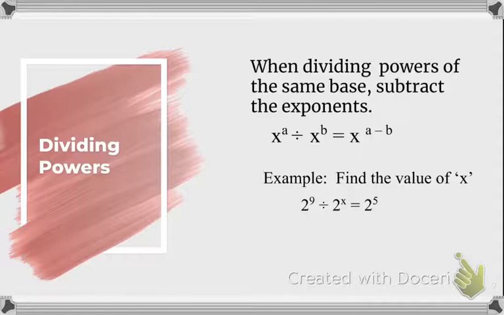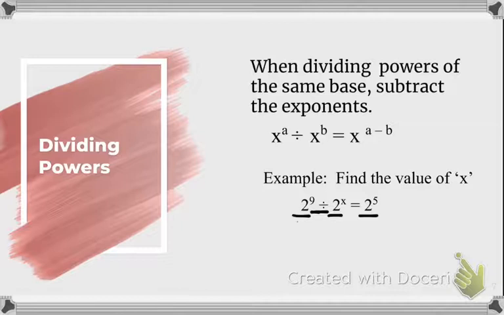Okay, and then another example, we're going to find the value of x. So when I have 2 to the power of 9 divided by 2 to the power of x, I get 2 to the power of 5. Since it's division, we do subtraction.